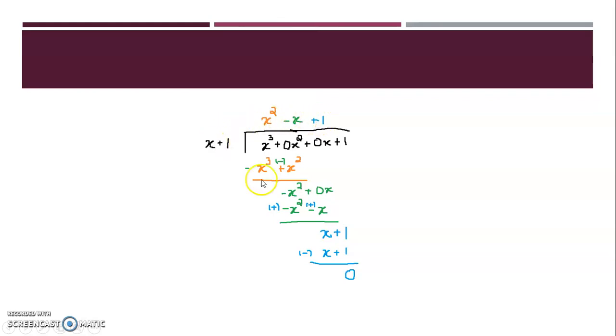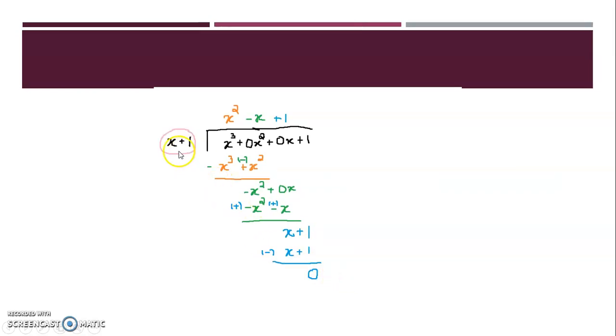So plus 1 into x will be x, plus 1 into 1 will be 1. So the remainder, in this case, is 0. Okay, so upon dividing x cube plus 1 by x plus 1, the quotient is x square minus x plus 1, and the remainder is 0.